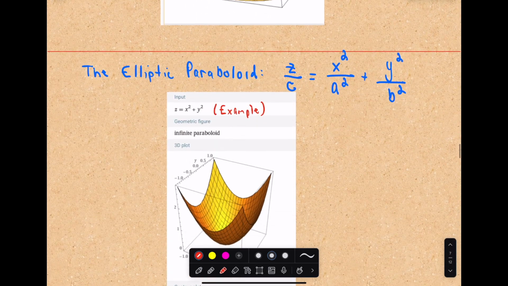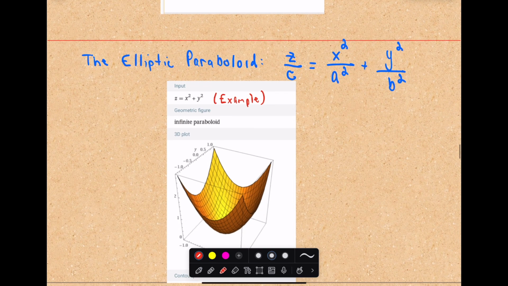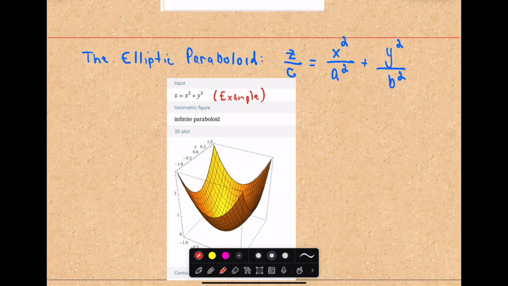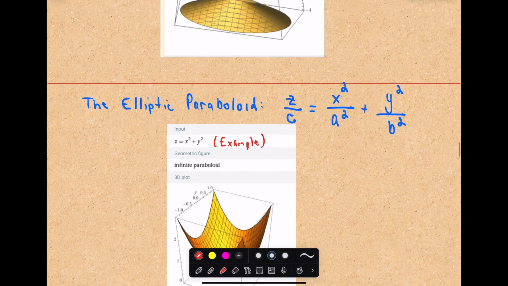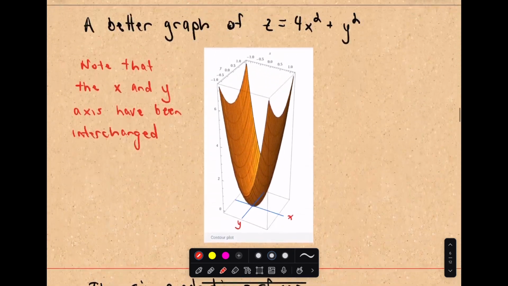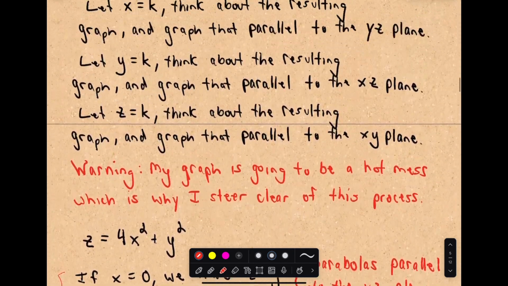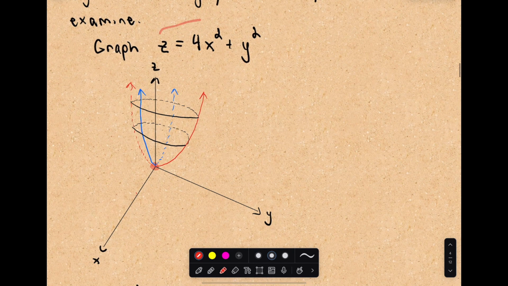Okay, so there's the elliptic paraboloid, and that's actually just like the one we graphed using our traces. So here that's going to have the form z over c equals x squared over a squared plus y squared over b squared. So here we have z equals x squared plus y squared, which is almost what we had up here, right?